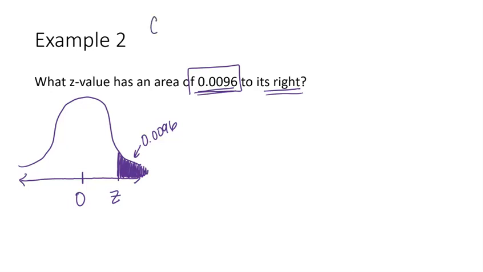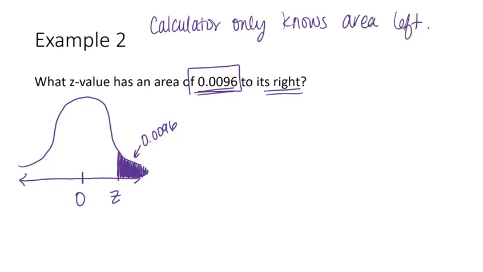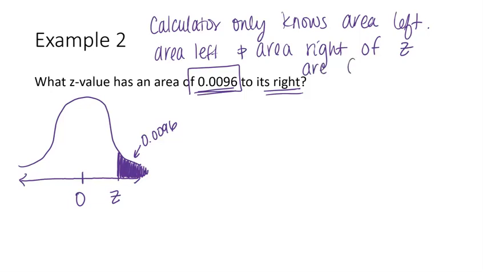Now here's the problem. My calculator only knows area left. Well, here's the beautiful thing about left versus right. Area left and area right of z are complements.